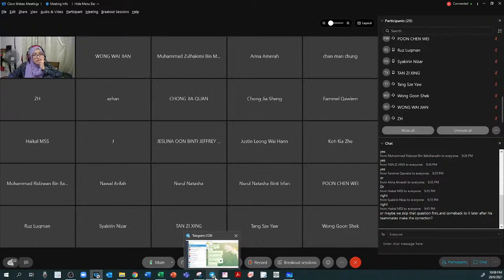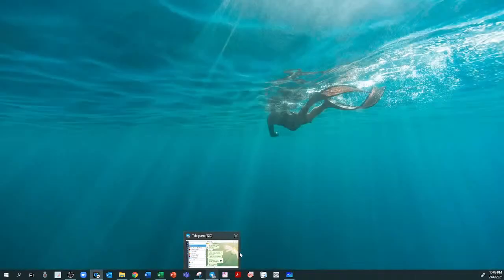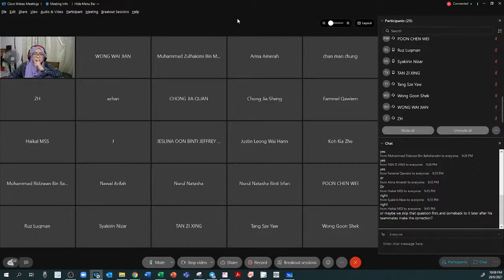You can just click on whichever person you want to talk to and send a message. For whatever group task I give you in Padlet, you can directly PM them privately and ask, can we compare the answer? Can we meet up in Google Meet? You already have Gmail, so you can meet up in Google Meet and discuss the answer. I think it will be a very interesting discussion. So that will be question 3.